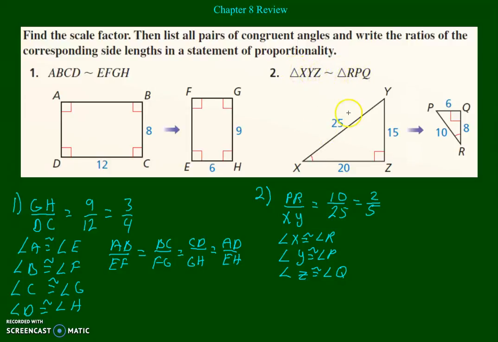XY to RP is the first one. XY is to RP as YZ is to PQ as XZ is to RQ.